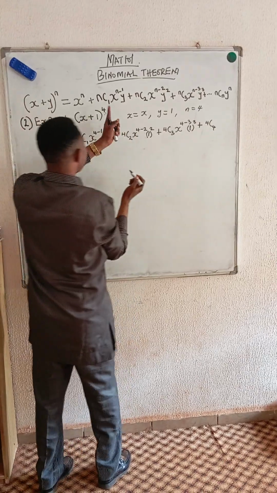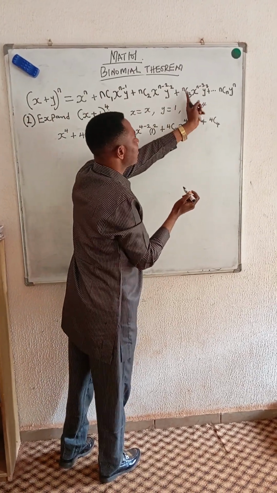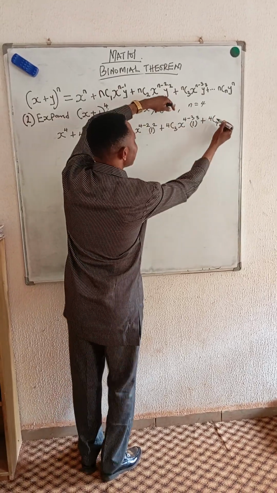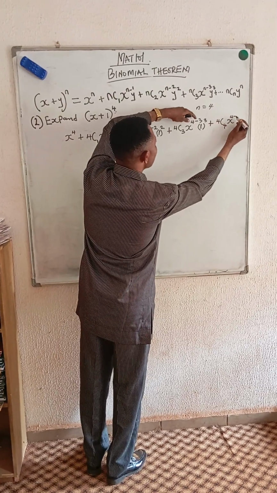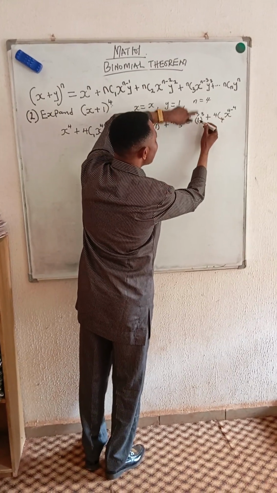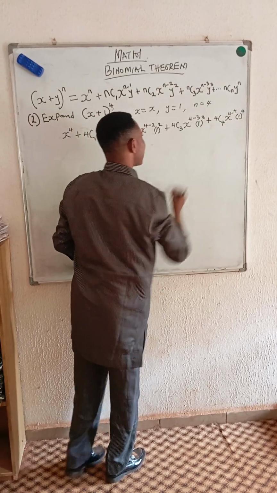If you check very well, 1, 2, 3, so it is going to be n combination 4, which is 4 combination 4. Then x, 4 minus what? Instead of 3, it will be 4 now. Then our y will be 1 power 4.